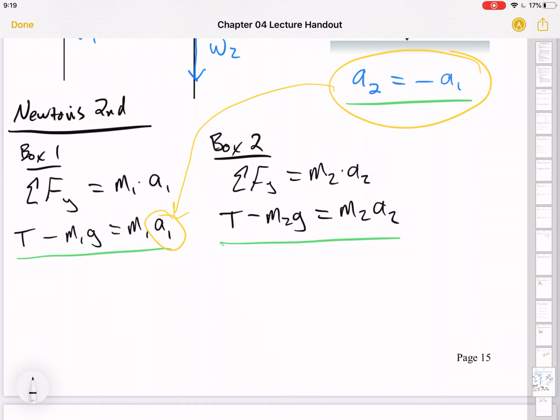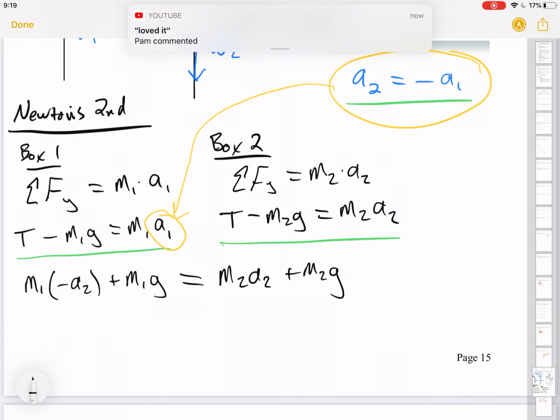So that's m1 a1, and again, a1 is minus a2, so I'm doing a couple steps at the same time. I'm adding the m1g to the other side and setting that equal to m2a2 plus m2g. Okay, that algebra is correct.